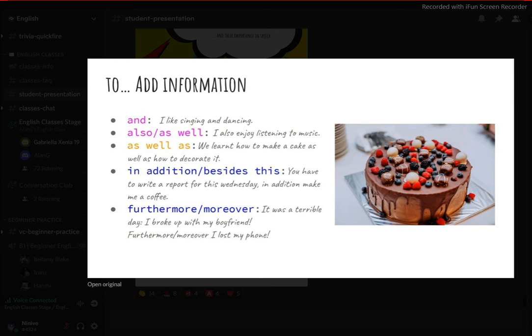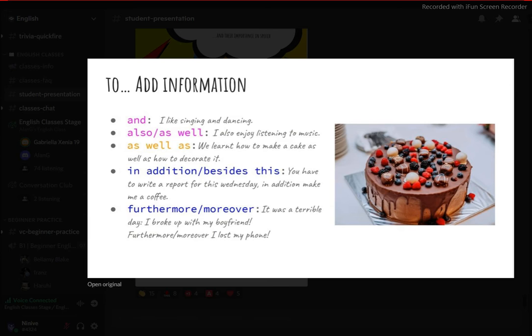We can replace also with as well. As well is basically a synonym of also. The difference is that as well has to be at the end of the sentence. So if we replace it, the longer sentence will become I like singing and dancing and I enjoy listening to music as well.